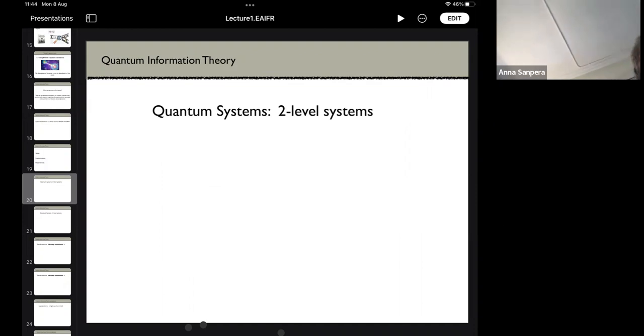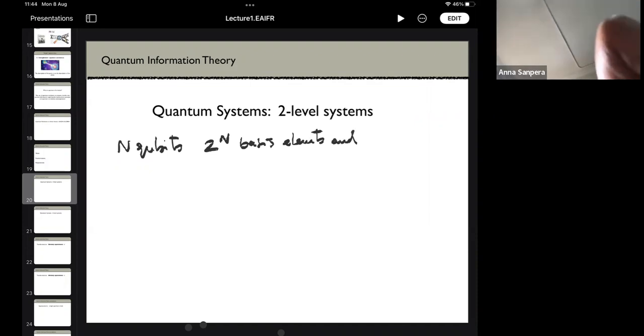So the important thing is that n qubits have 2 to the n basis elements and require n operations to manipulate them.